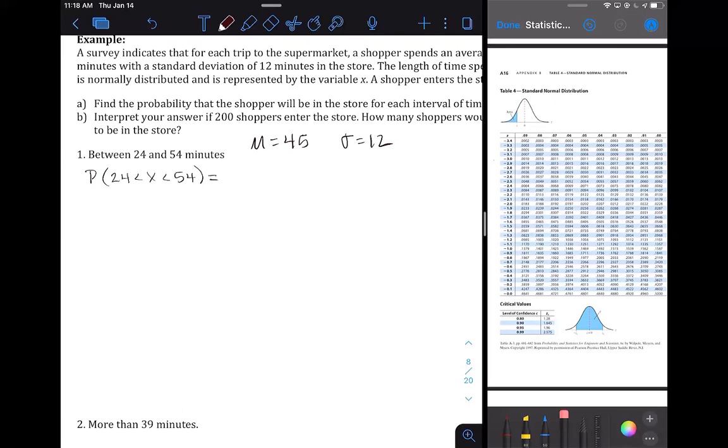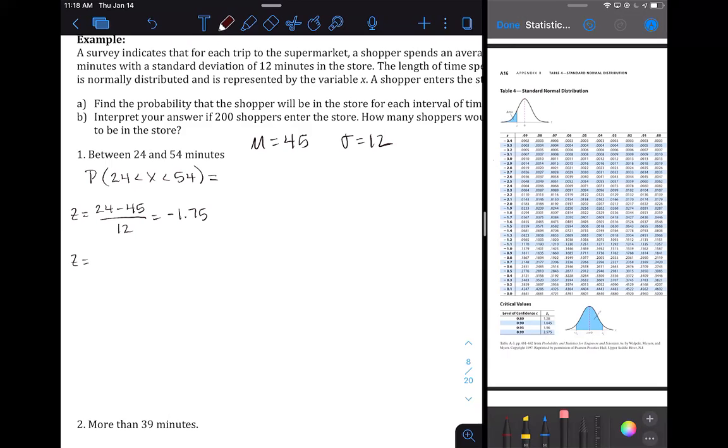Okay. So the first thing we want to do is change each of those x values into z-scores. For the first one, x is 24, we're going to have 24 minus the mean 45 divided by 12. So if we do that, we get negative 1.75. Then repeat that again for 54.